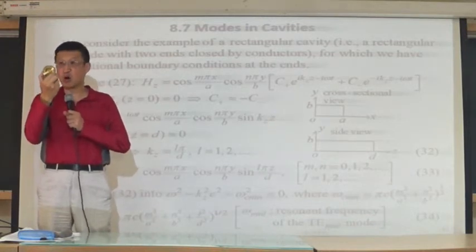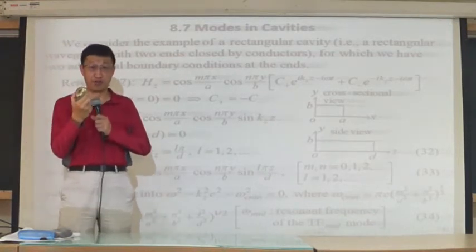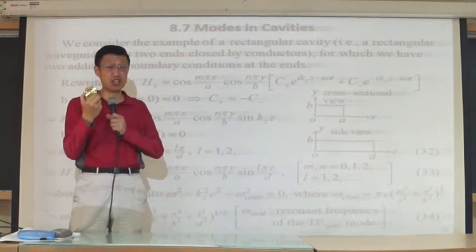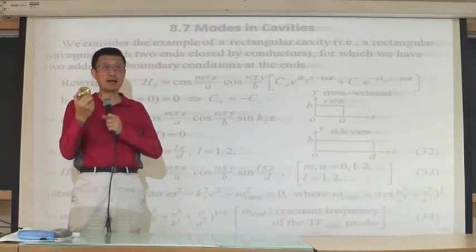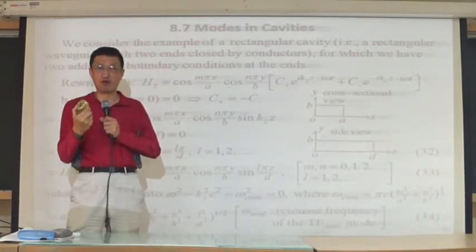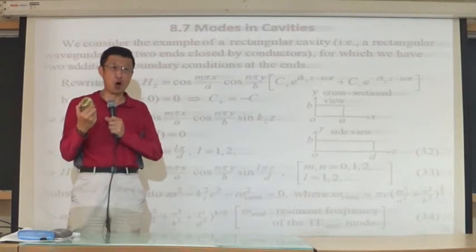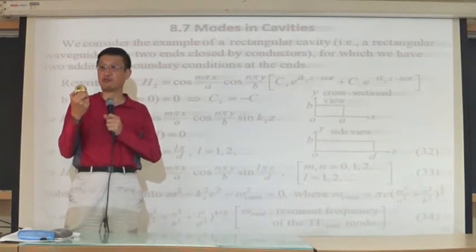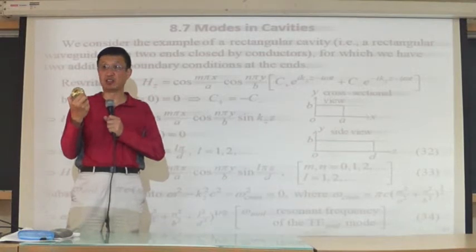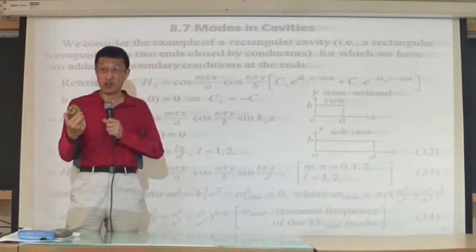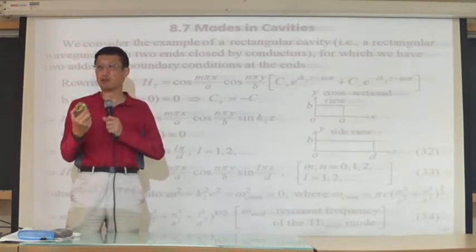This cavity is quite small. However, it's not a TE mode. It's somewhat like a deformed TM mode, or a combination of TM and TEM. So it's a hybrid mode.